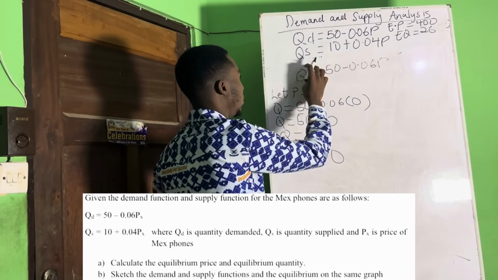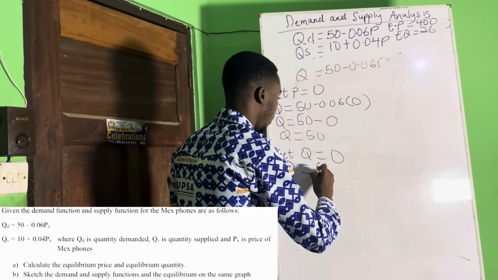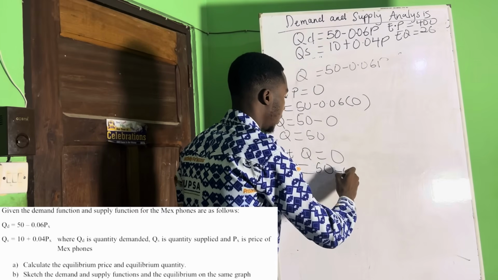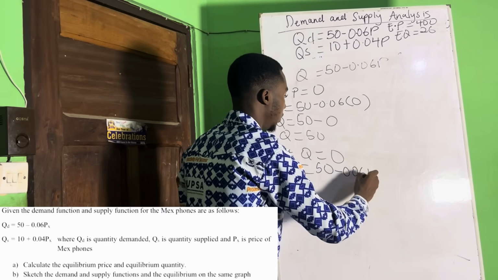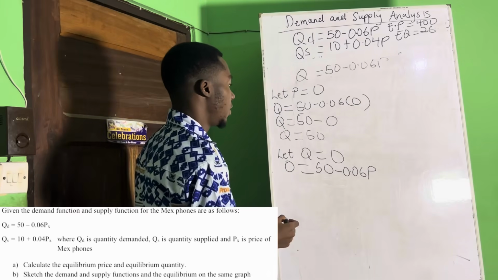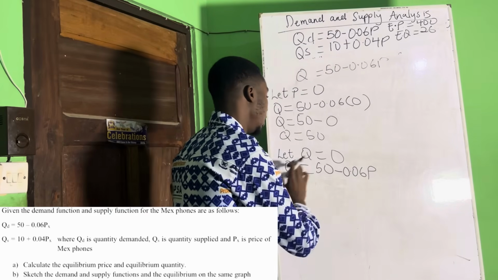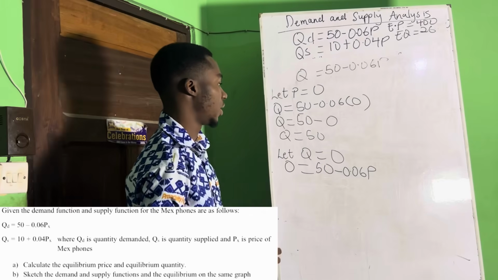If Q is 0, it means you are getting 0 is equal to 50 minus 0.06p. We found for Q, so this time we are finding for P. In finding for P, we can bring the negative 0.06p across the equal to sign so that it becomes positive.